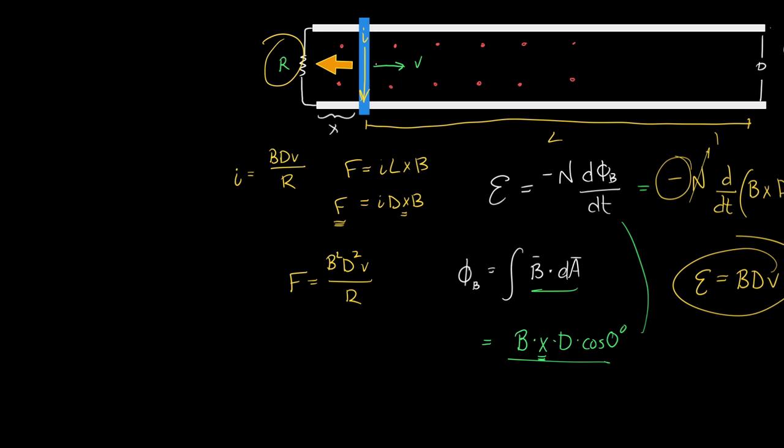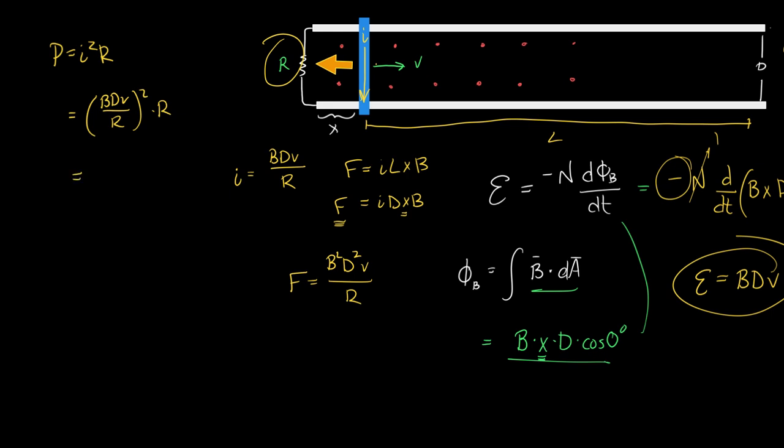While that bar is being pulled to the right, there is power dissipated at the resistor. The power dissipated at the resistor is going to be I squared times R, right?